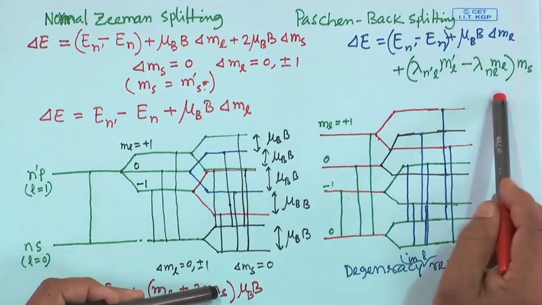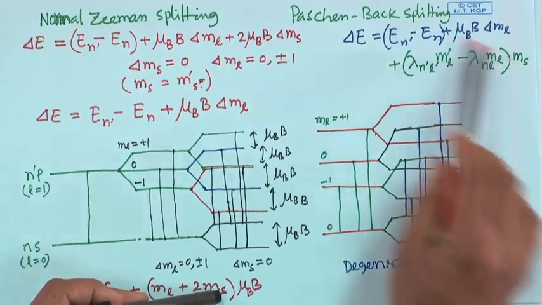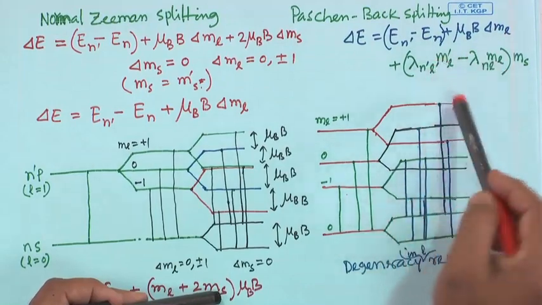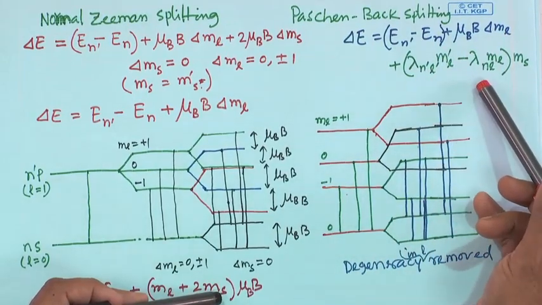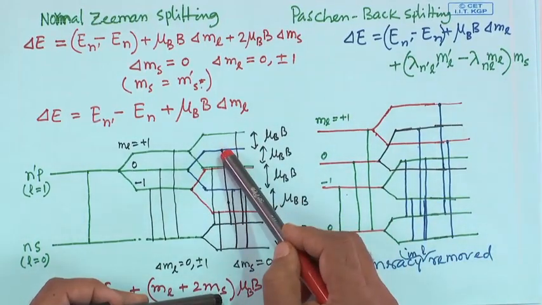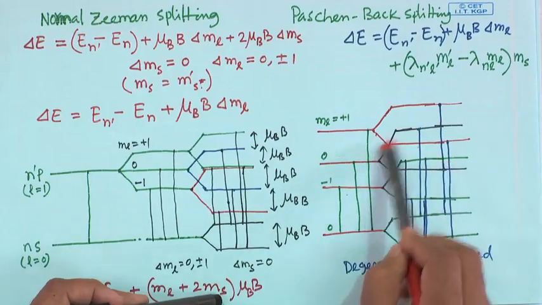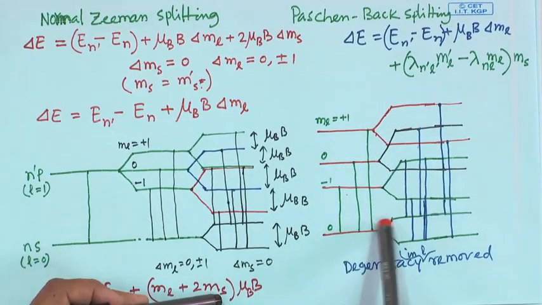But these are small terms, compared to the other term, so this change of energy will be small. But this will break the symmetry of the energy splitting, so there will be an asymmetric break of the energy levels.